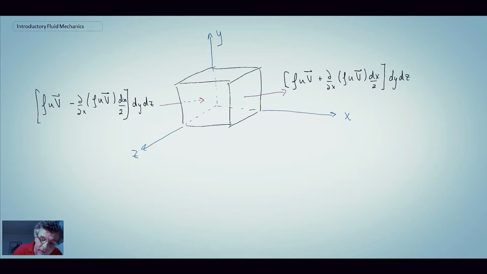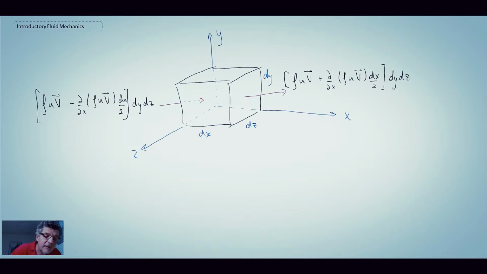I should have put here the size of the differential element. We have dx, dy, sorry, that should be dz. And then in the vertical, we have dy. So those are the dimensions of our differential element.